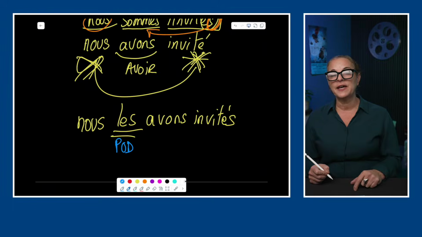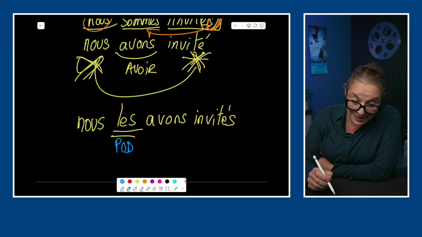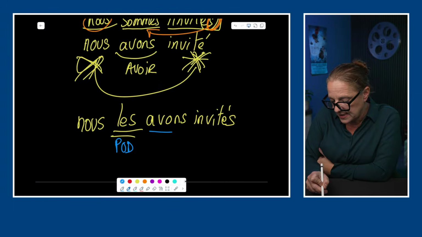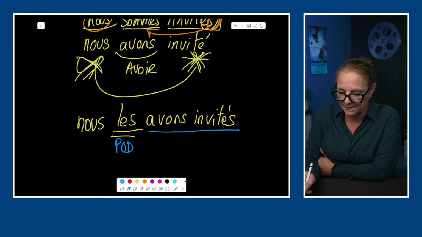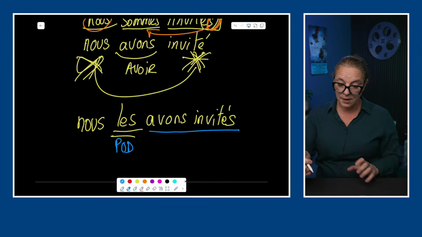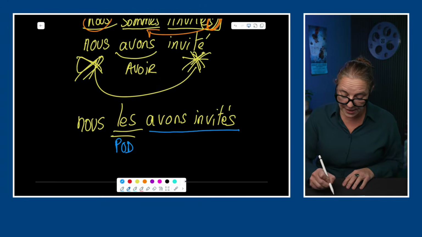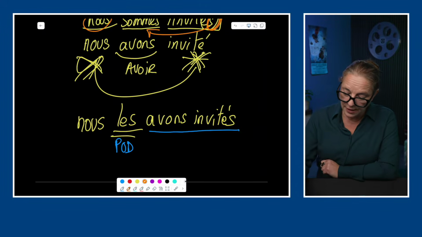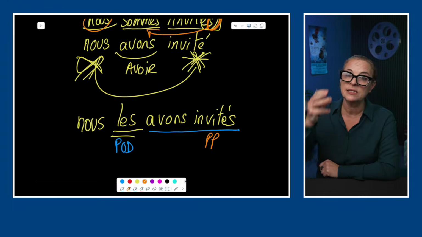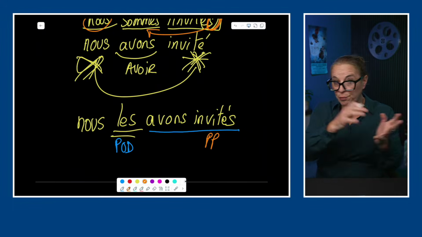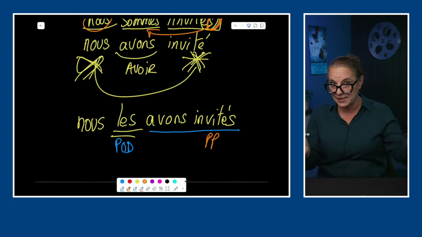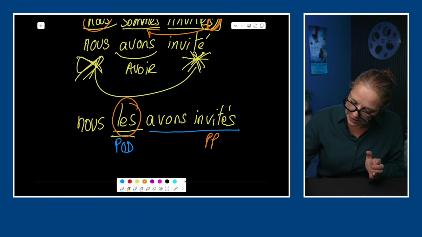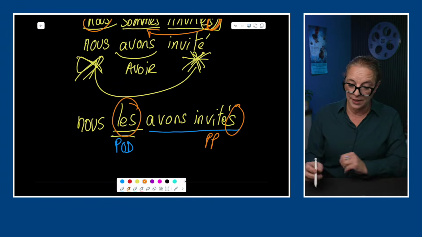When you have a pronom d'objet direct placed before this passé composé, even though there is the auxiliary avoir, you must agree the past participle in gender and number with the pronom d'objet direct, which is placed before that, okay? In this case, les is reflected here, okay?